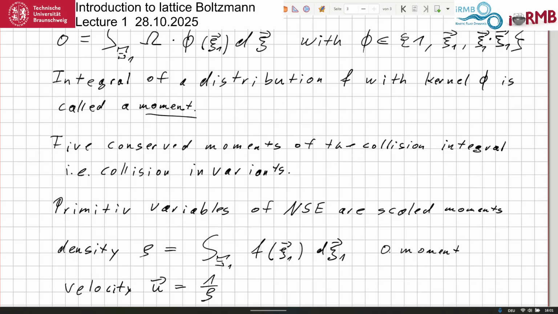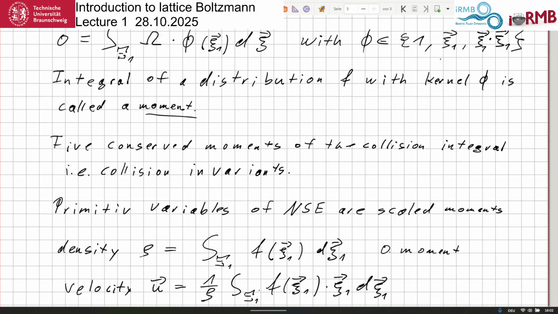If you interpret this as mass or density, you have to divide by this, and then you integrate again over the same thing, multiplying by c1 dc.